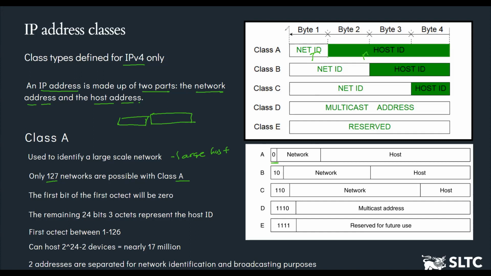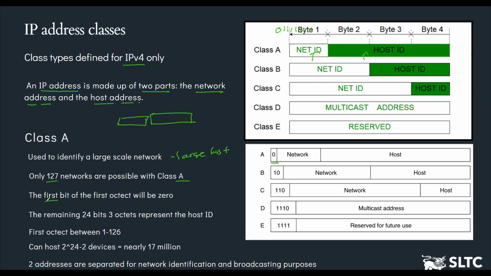Once we have 0 at the beginning and all ones in the remaining bits of the byte, we have 1 to 127, right? So only 127 networks are possible with class A.